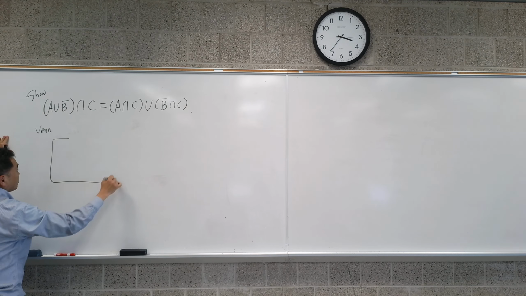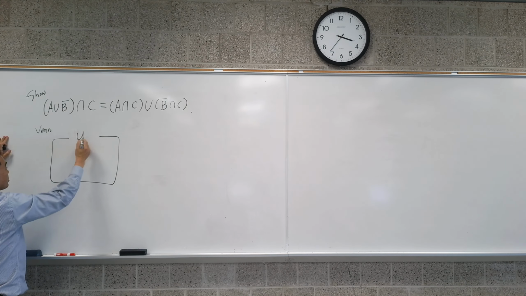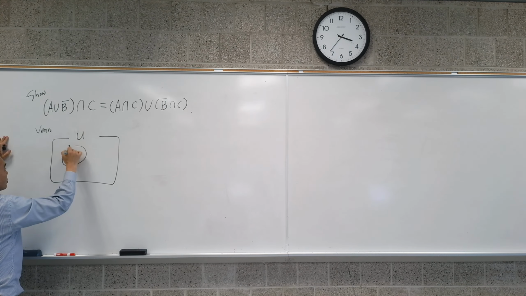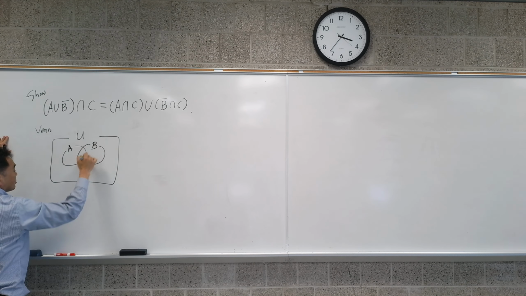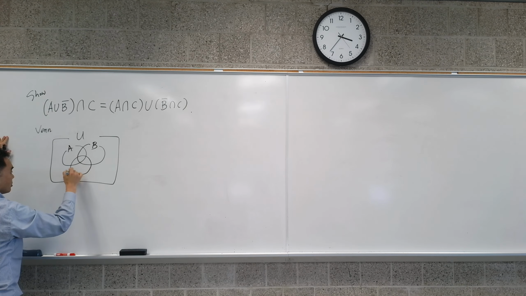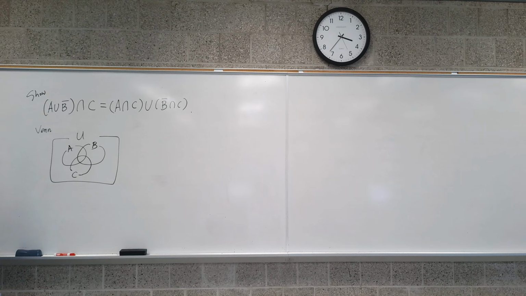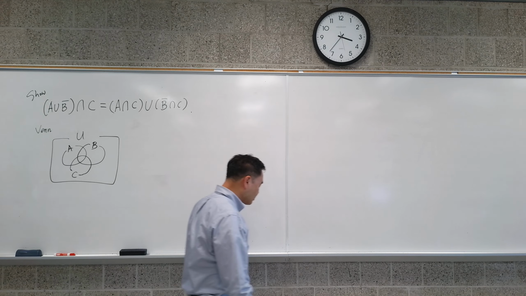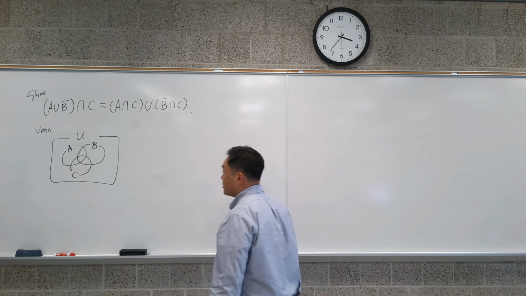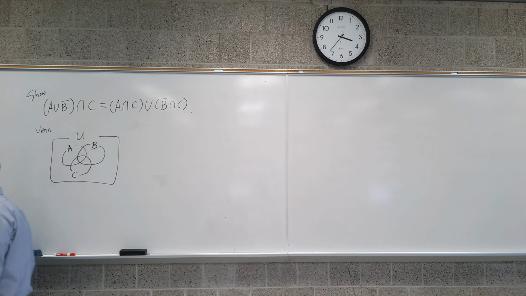In a Venn diagram for three objects, you have to draw this picture because that's the generic form of three sets inside some universal set. And then first of all, you have A union B bar.